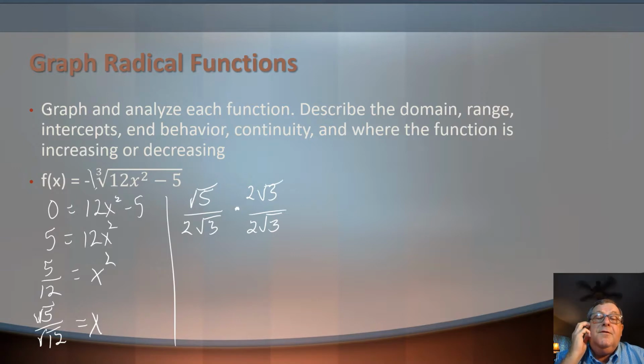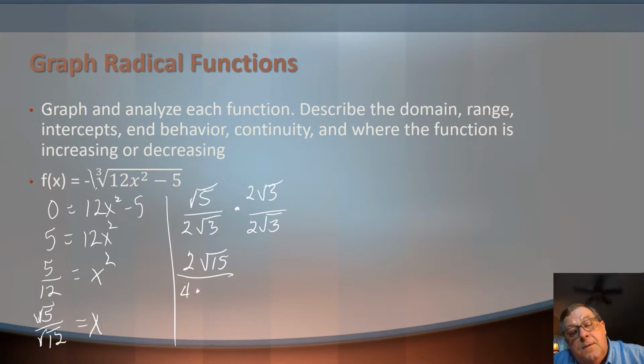And once we do, square root of 5 times 2 square root of 3 is 2 square root of 15. And 2 square root of 3 times 2 square root of 3: well, 2 times 2 is 4, and square root of 3 times square root of 3 is 3.